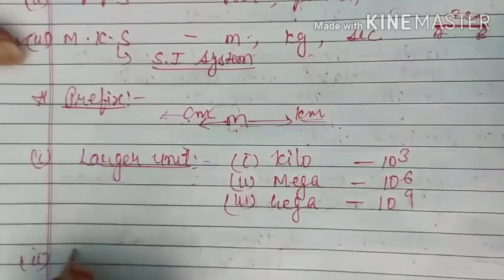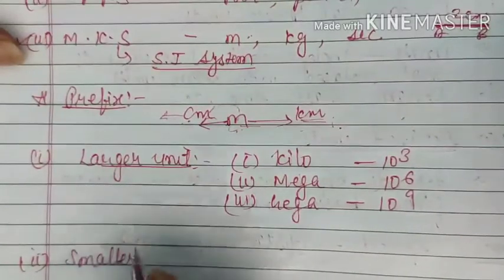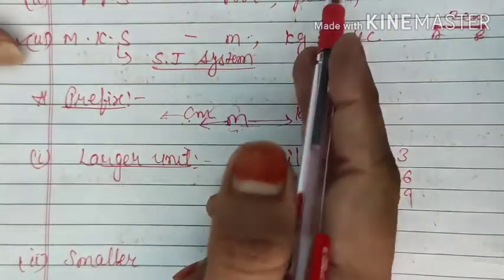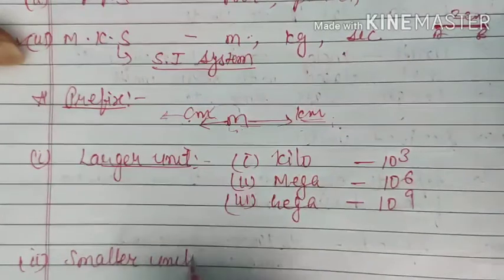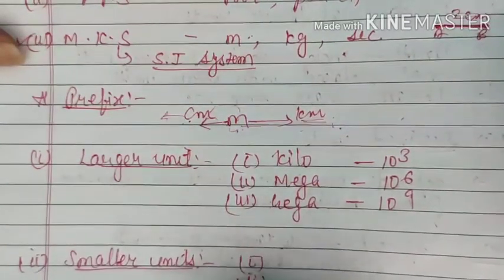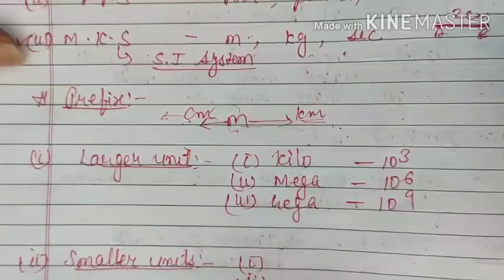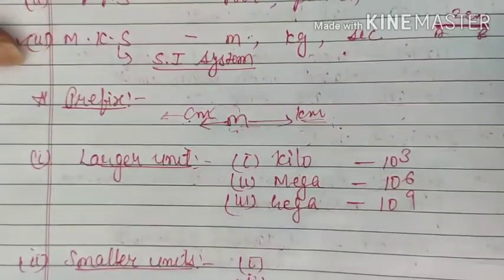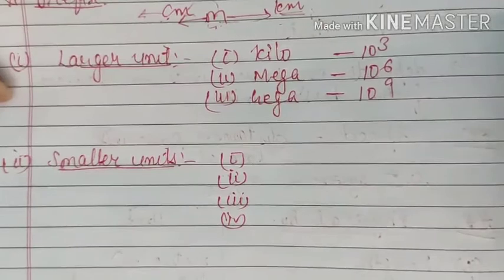Similarly we have some smaller units also, smaller than this unit. Here also at least we have to remember 3, 4 or 5, and if you are able to, you can remember the whole table also.